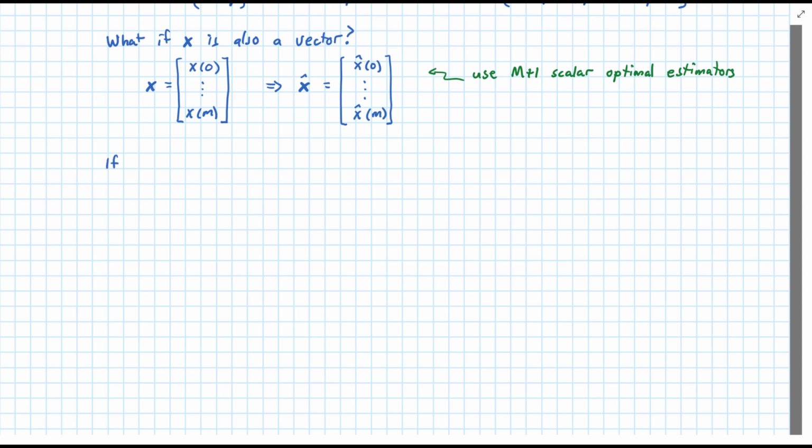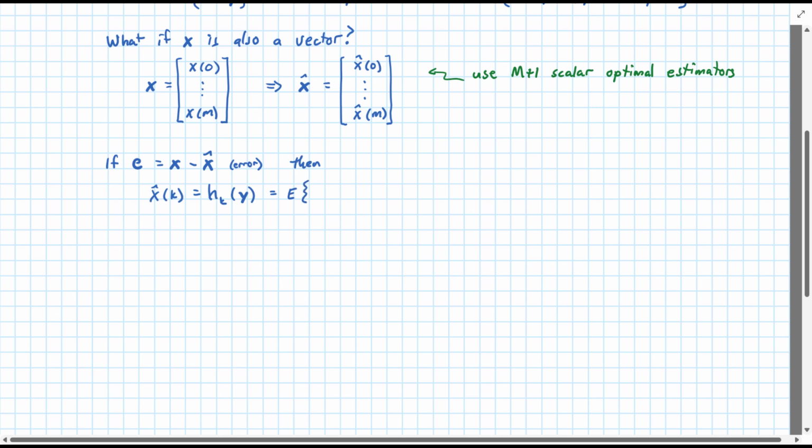So if we have that our error, I'm going to bold it because it's now a vector, is equal to x minus x hat, then we will have a separate estimator, call it hk of y, for each of the components of our vector x.